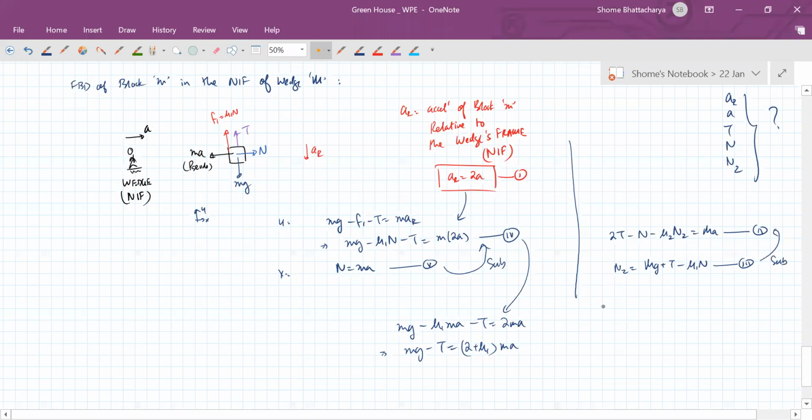So this equation becomes 2T minus N minus mu2 N2, which is capital Mg plus T minus mu1 N, is equal to capital M A. And then again substitute this one over here. So this will become 2T minus small mA.